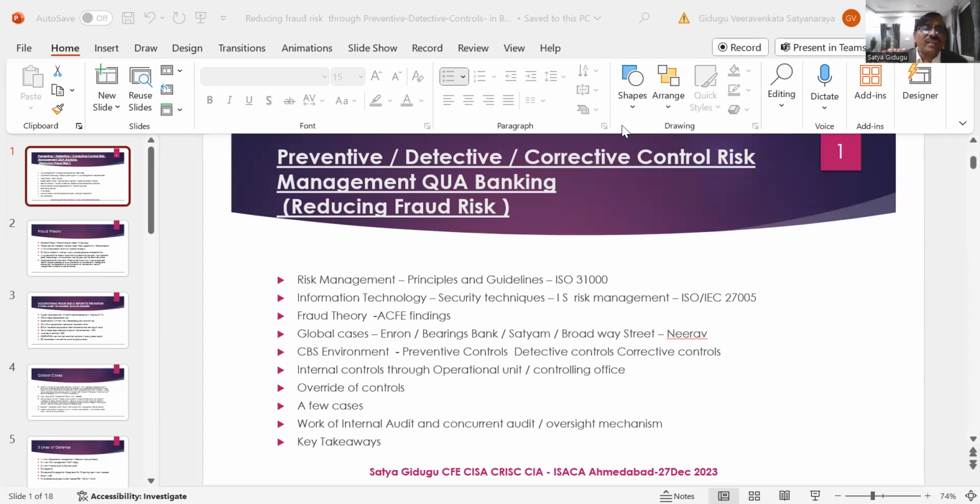These organizations, Enron and all the scams, they could not take corrective action at the right time. There was a breach of the risk thresholds. That's why the organizations could not sustain.